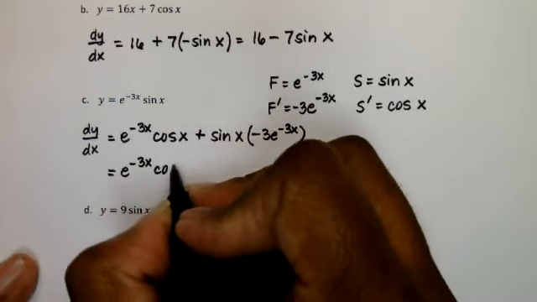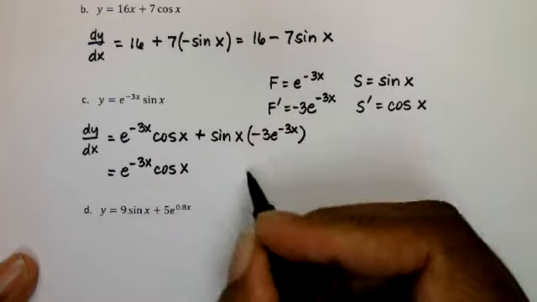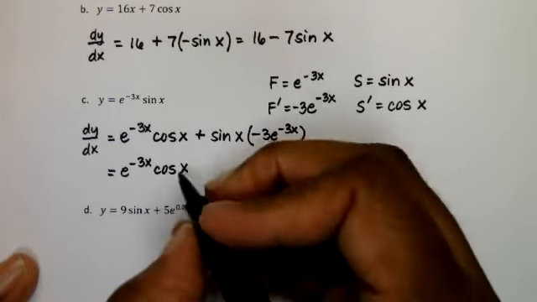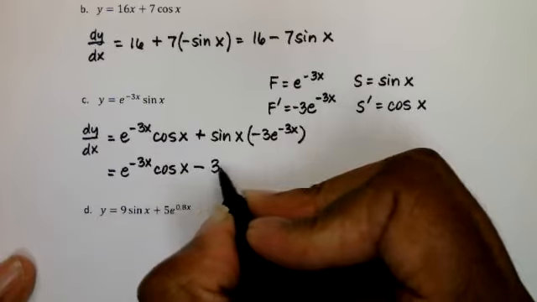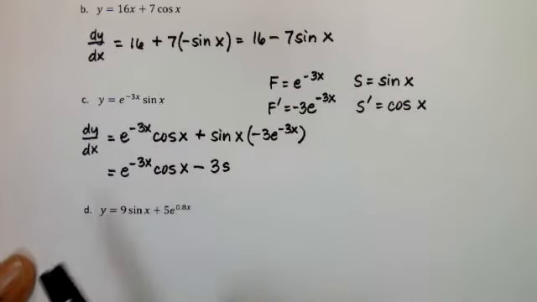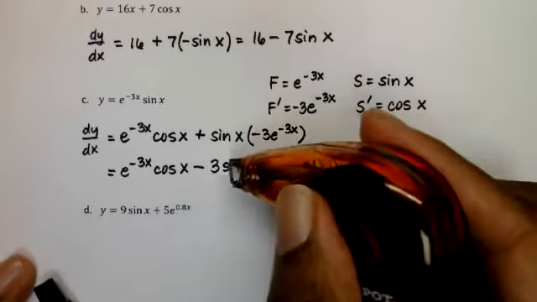I'm going to bring down e to the negative 3x times the cosine of x. Plus a negative would be minus, so it'll be minus 3 e to the negative 3x times the sine of x.